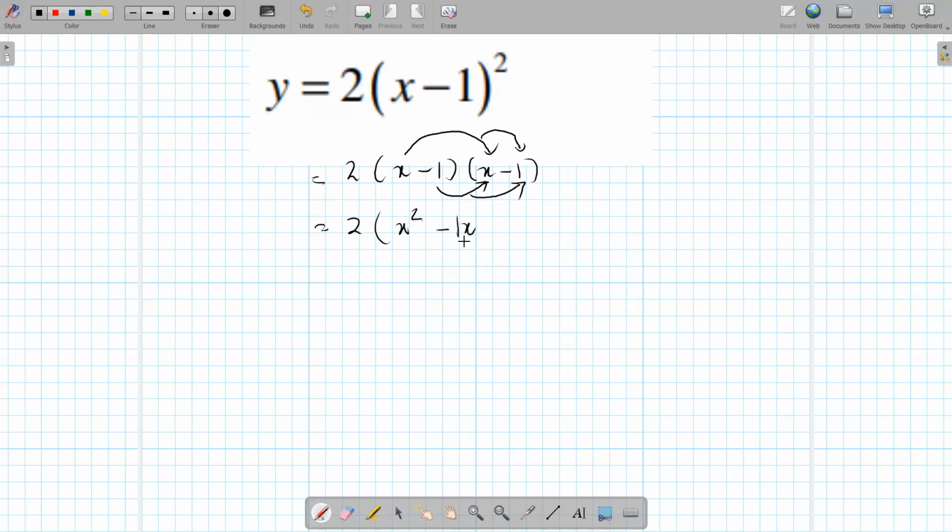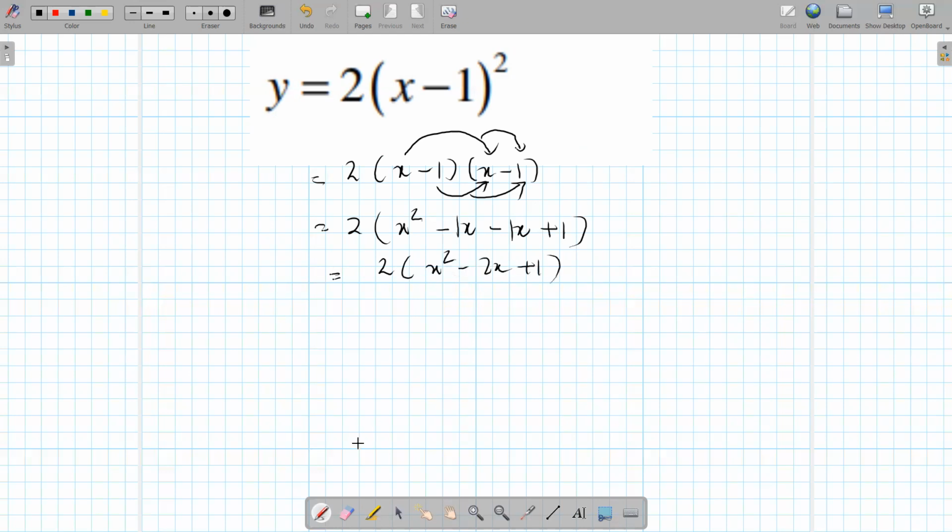Yeah, that's right. Our x times minus 1 is minus 1x, and minus 1x. Plus 1. Plus 1, exactly. So if you group up the like terms on the inside, we will get x squared minus 2x plus 1.